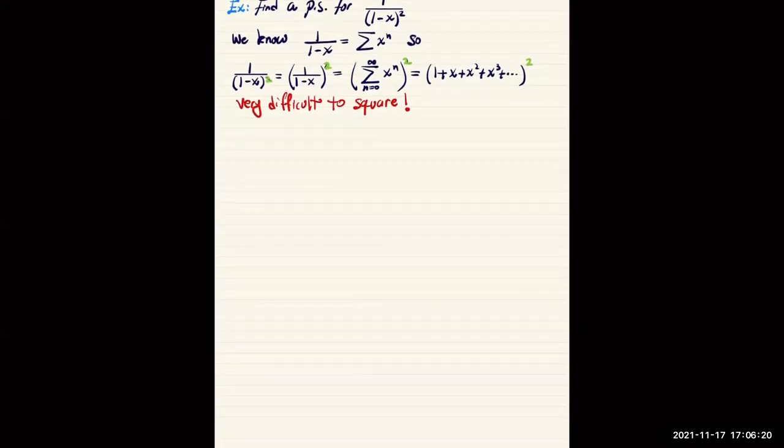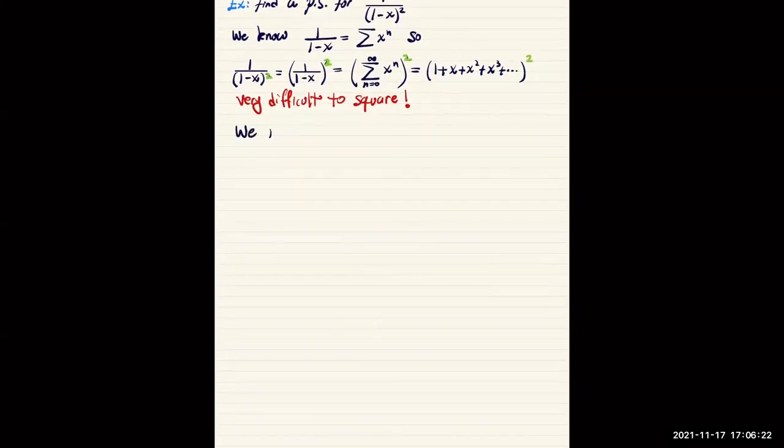Again, here we need to find a relation between our function, 1/(1 minus x) squared, which is what we are interested in, and the parent function, which is 1/(1 minus x), because we know the power series of 1/(1 minus x).